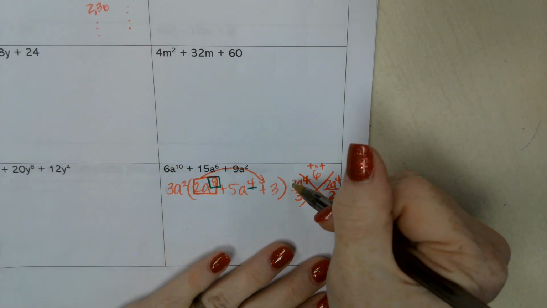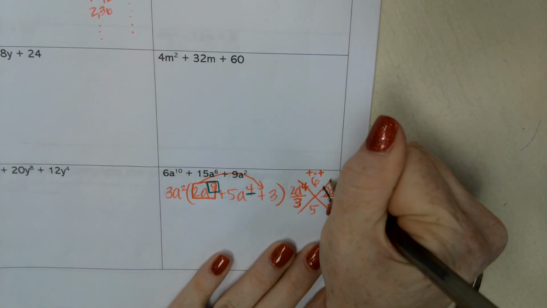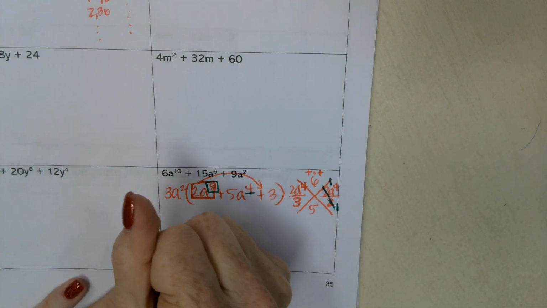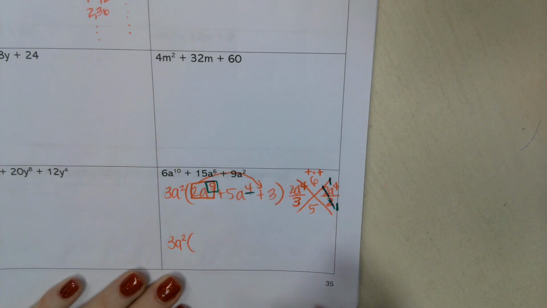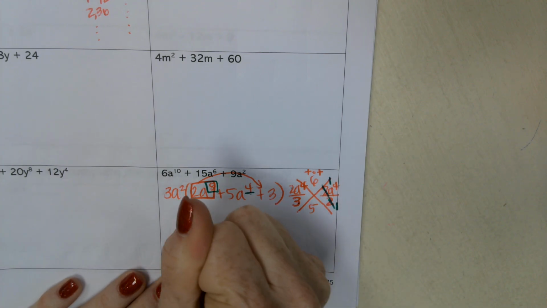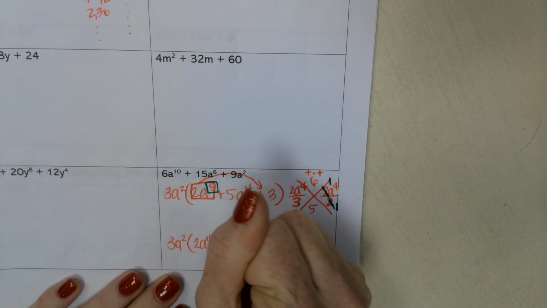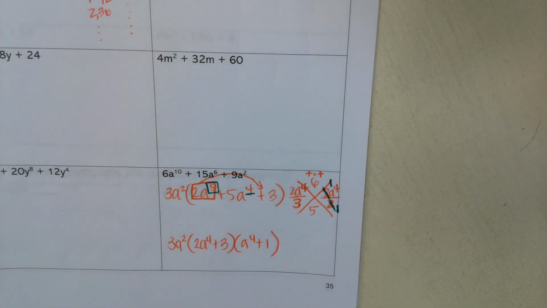Now right here, 2/3 does not reduce, but 2 over 2 does. That becomes 1 over 1. So my completely factored polynomial here is 3a squared times 2a to the fourth plus 3 times 1a to the fourth plus 1.